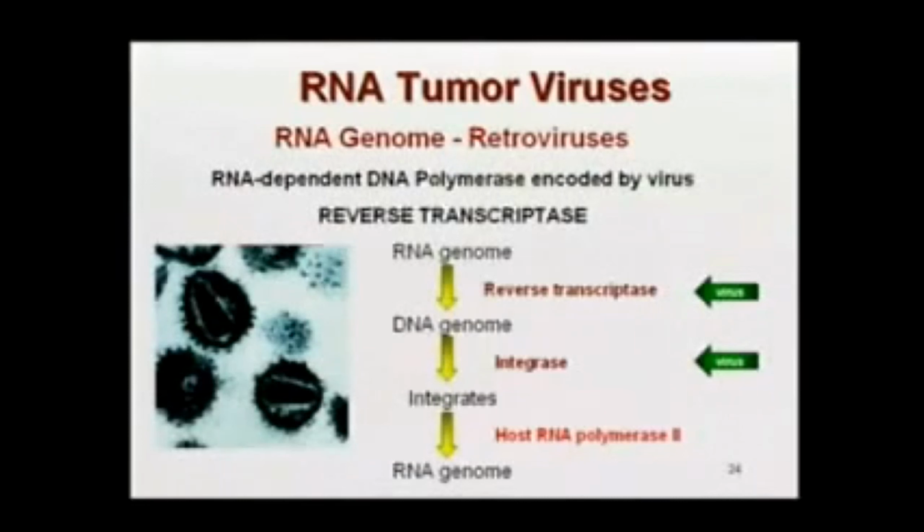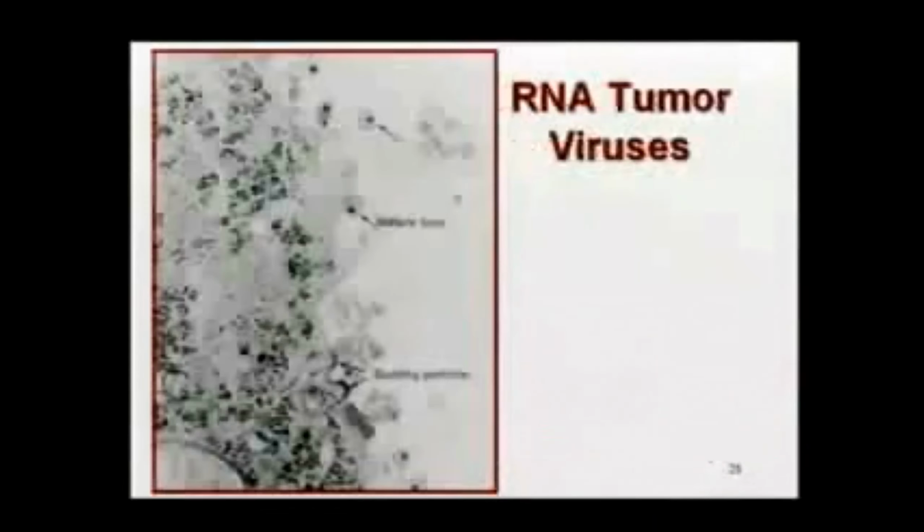These are virus-encoded enzymes, reverse transcriptase and integrase, and then there is this host-encoded enzyme that we use to make our messenger RNA, RNA polymerase II. And you can see here, these are all membrane-bound. Here it is budding out of the cell. And here is the mature form of the virus, nothing that you would find extremely exciting.